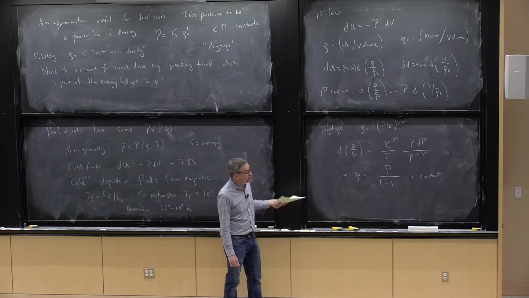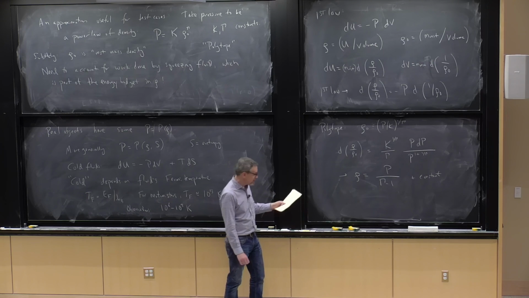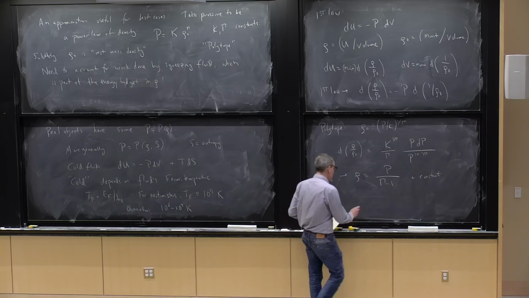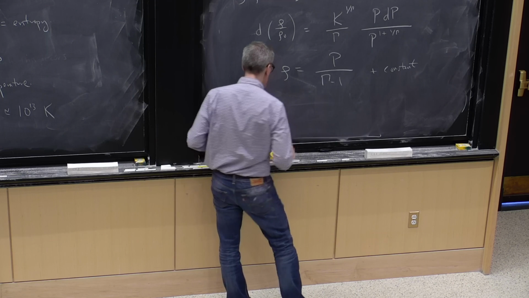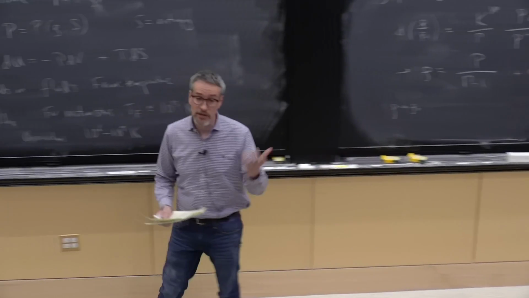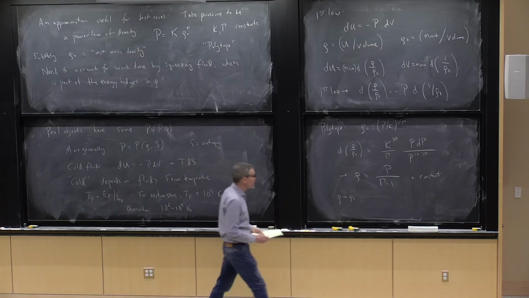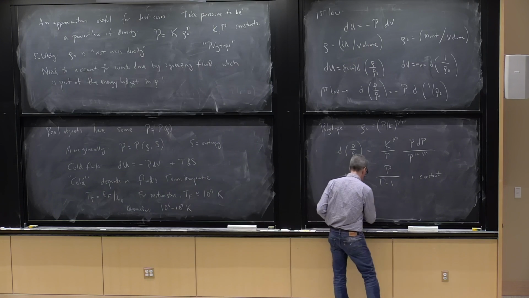The next step, actually, is you want to determine what that constant is. And so the way you determine the constant is you take advantage of the fact that rho goes to rho 0. The energy density becomes the rest energy density if there is no pressure exerted.